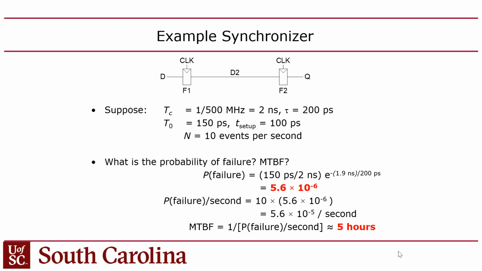Oh, sorry, it's 5.6 times 10 to the negative 5 when you multiply it by the 10 attempts per second. If you take the reciprocal of this, you get 5 hours as your mean time between failures.